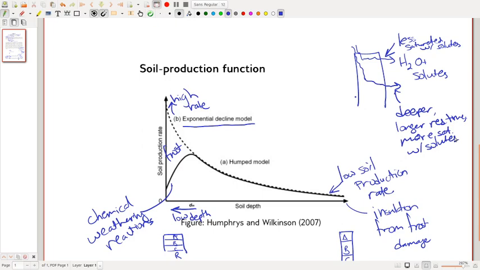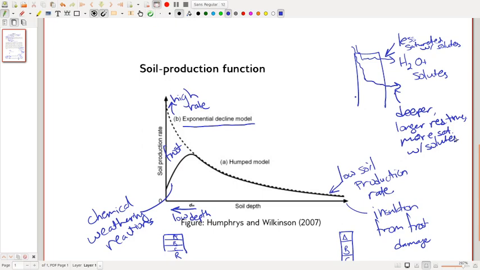And likewise, if there is a long residence time, that means that we're not going to be seeing other very steep chemical gradients, like this example with the calcium and the carbonate, that could cause there to be weathering reactions.